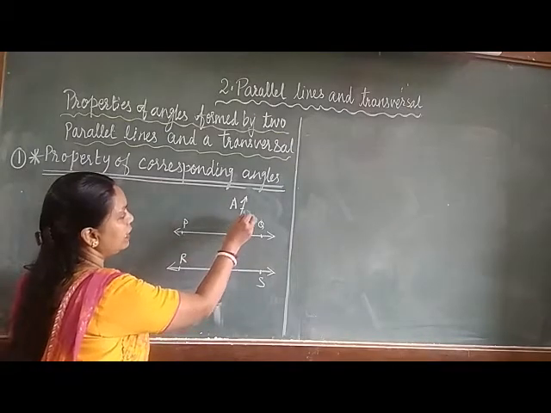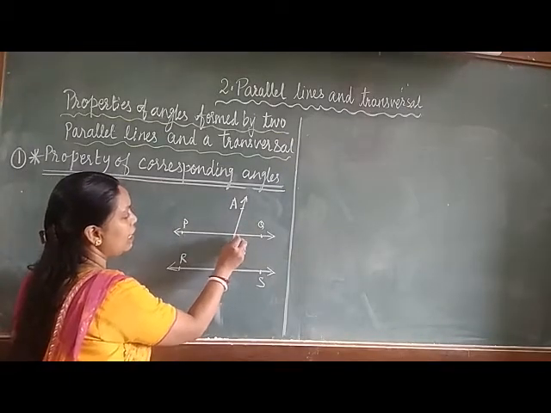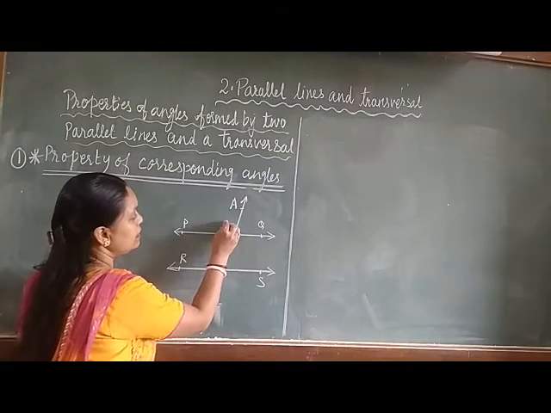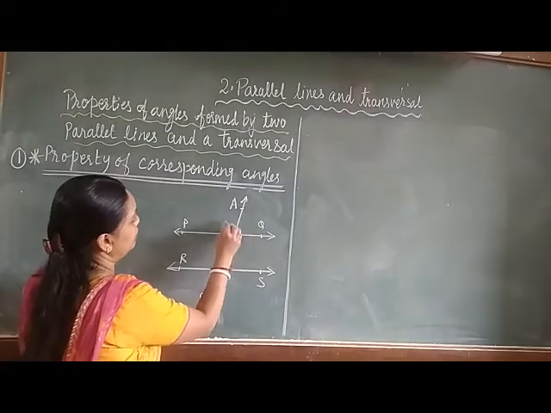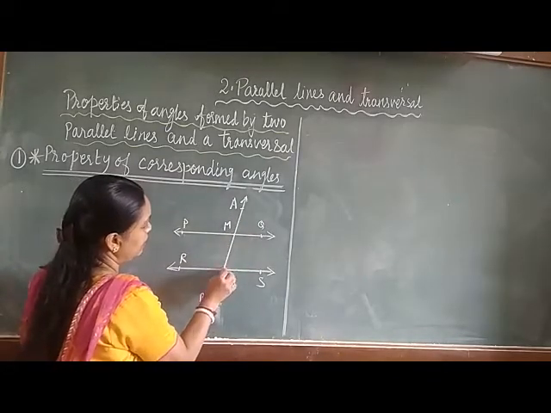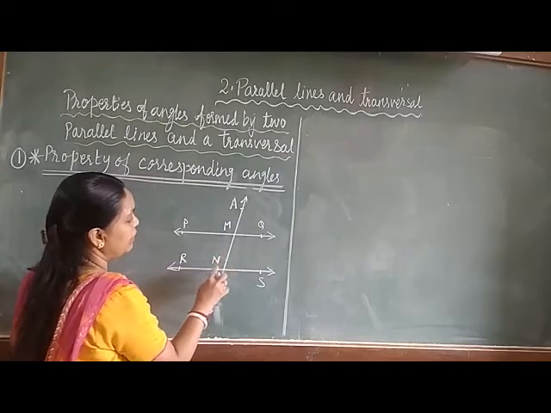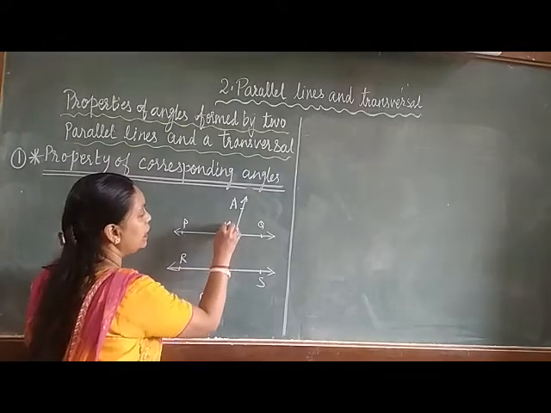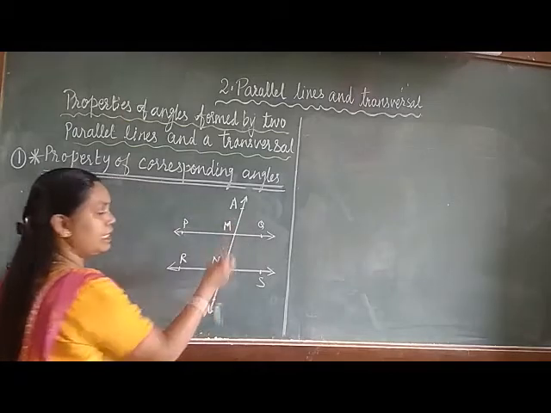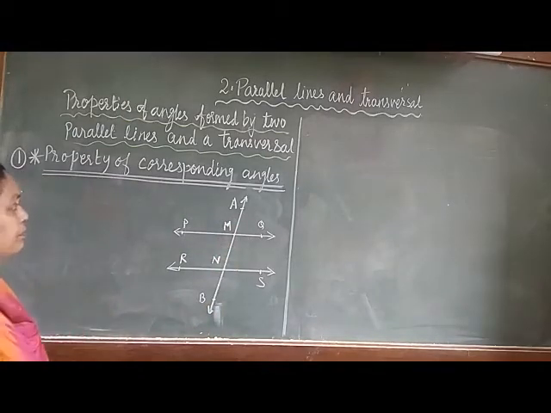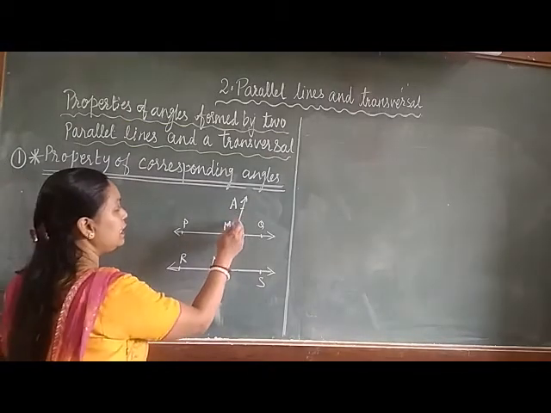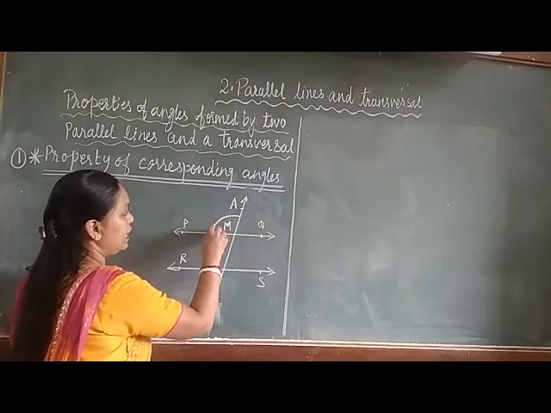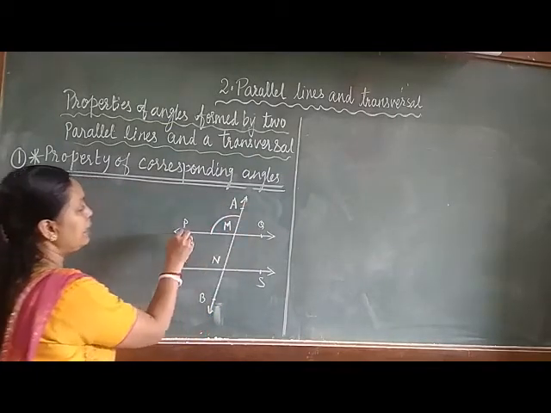Now, if I take this point of intersection, I will mark it as M and this point of intersection as N. You can mark anything, any alphabet. Suppose I take the first angle, angle APM.